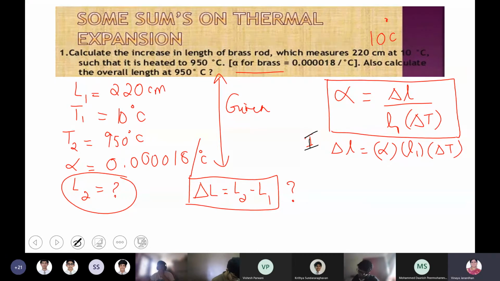Abhishek or Austin, did you calculate the value of delta L?